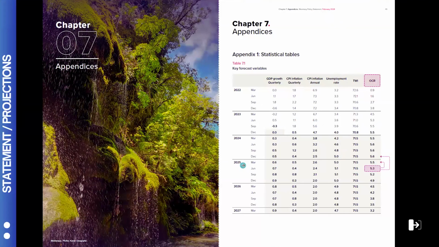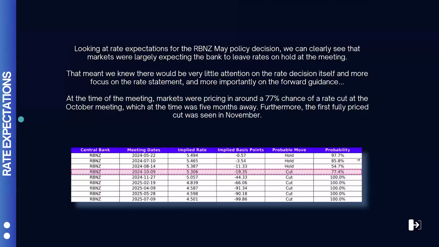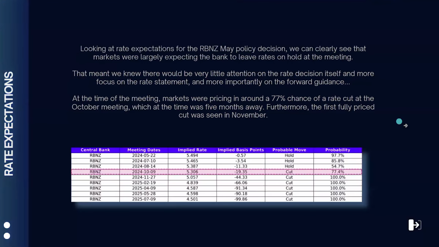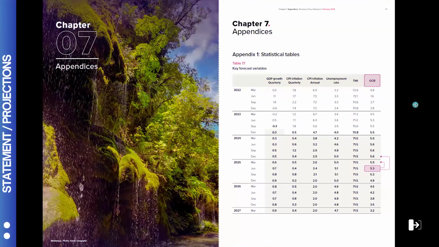And some participants coming into that May decision were looking for the bank to bring that forward by either a whole quarter to Q1 2025 or Q4 2024. That's why rates markets were basically pricing in a 77% chance of a cut for that October meeting that we looked at. They thought, okay, the bank is going to bring that forward to Q4, and that'll be our signal that our pricing is correct.